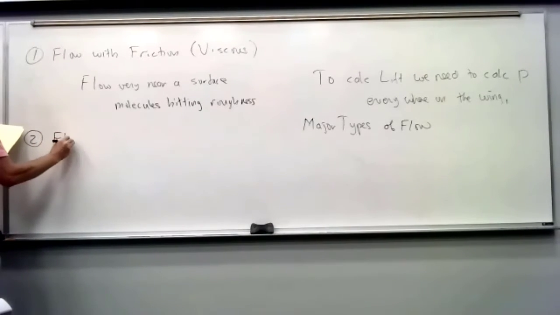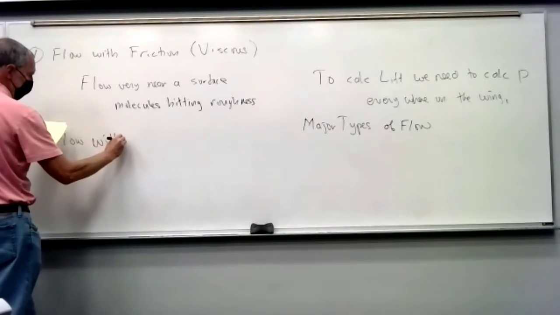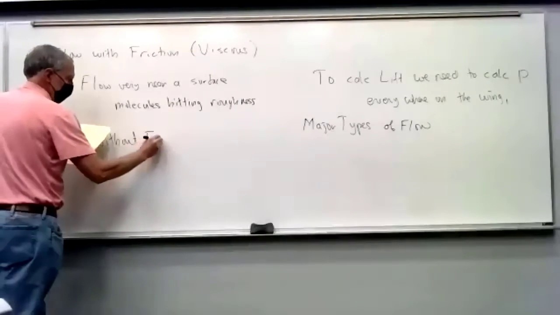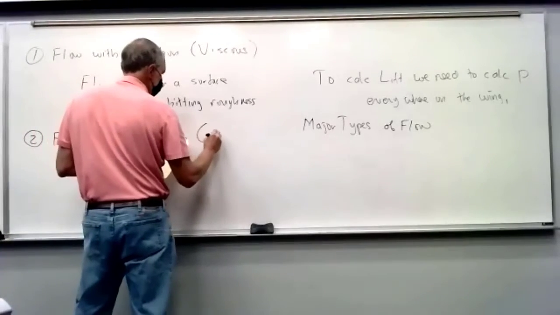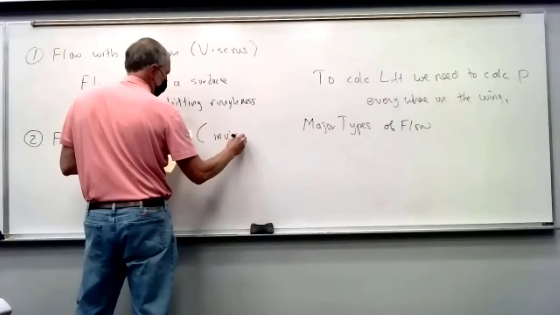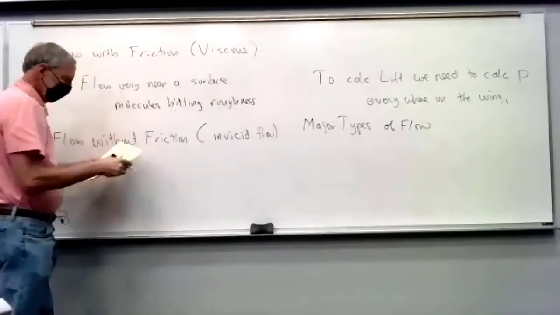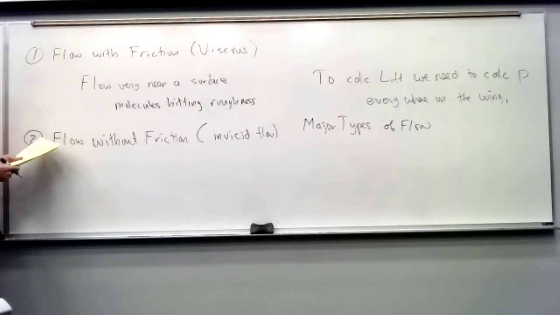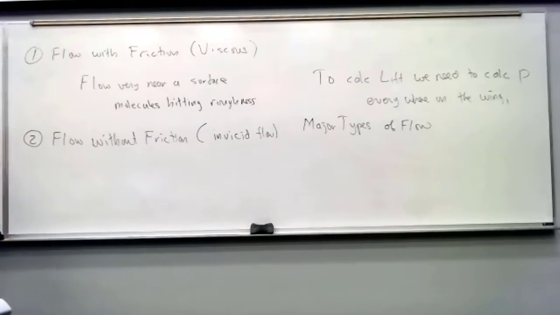And then you get flow a little further away. Flow without friction, and it's called inviscid flow versus viscous. And so once you get far away from the surface, the viscosity doesn't make as much difference.